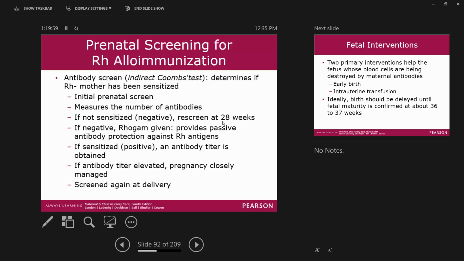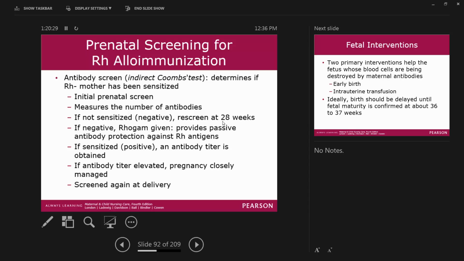RhoGAM is a product that we give to keep her from, if she gets exposed, producing antibodies. Okay? So the immunoglobulin that we give is when she's already been exposed and creating antibodies. So if she has produced antibodies, that means she's sensitized.